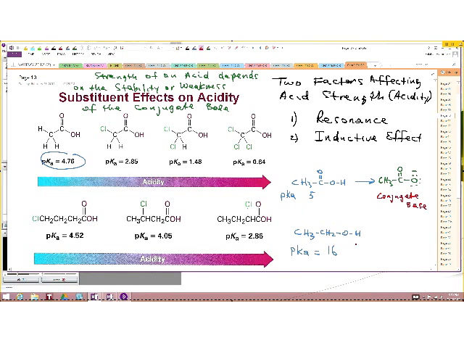Now, let us take a look at the conjugate base of ethanol. This is the conjugate base of ethanol.